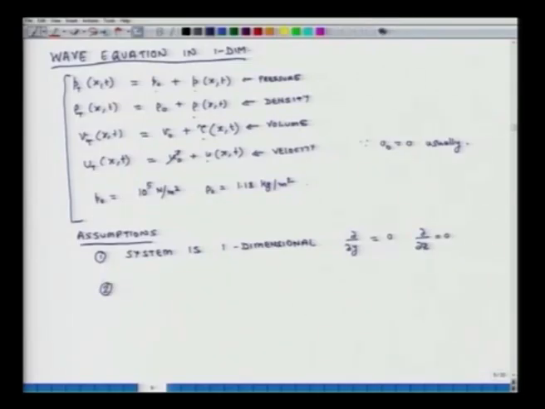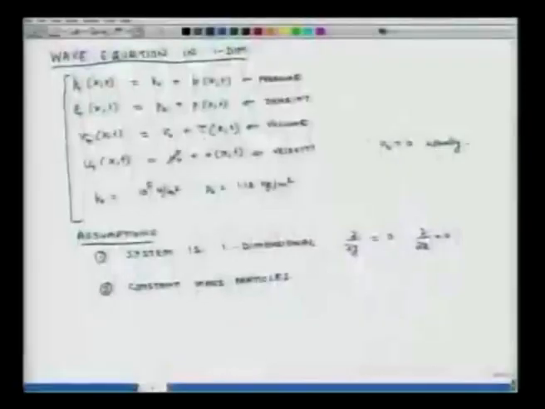The second assumption I am going to make is that I have constant mass particles. So, I have a piece of air which has initial mass, and its mass is not changing as it moves through the system.